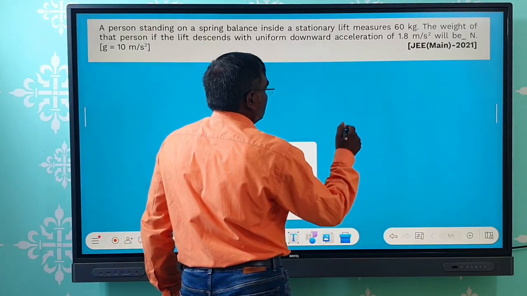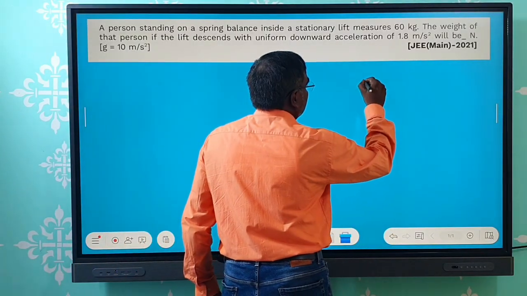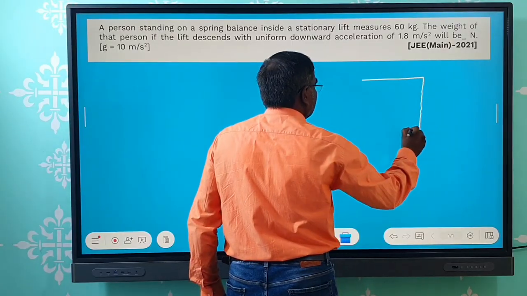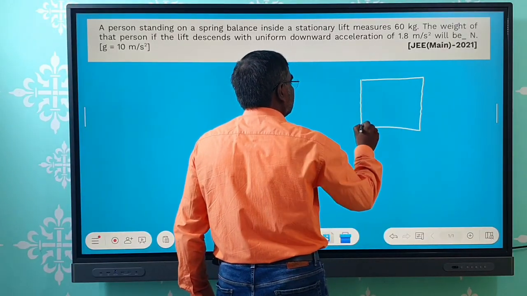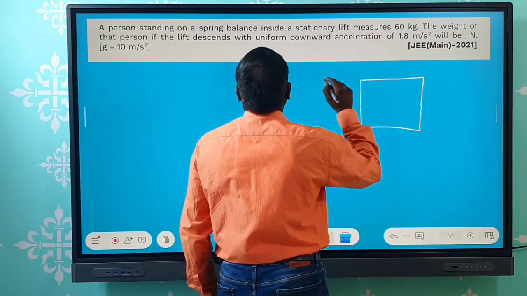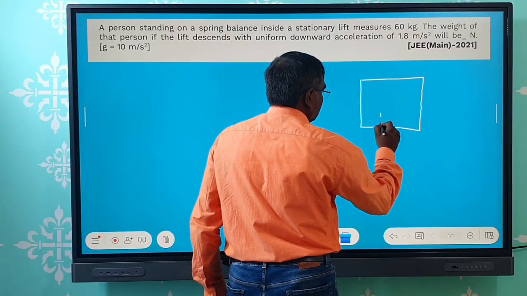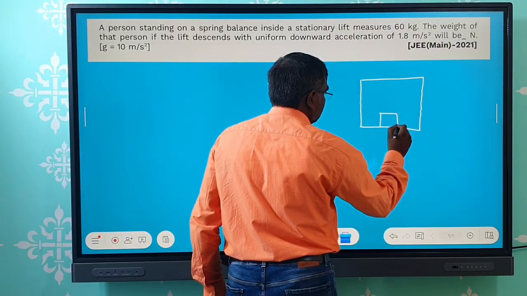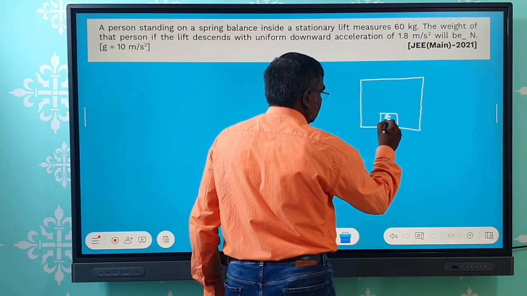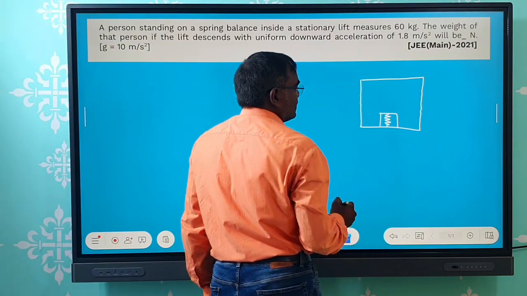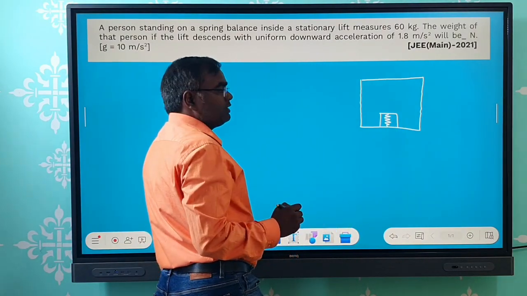Suppose this is a lift, and a spring balance is kept inside this lift.